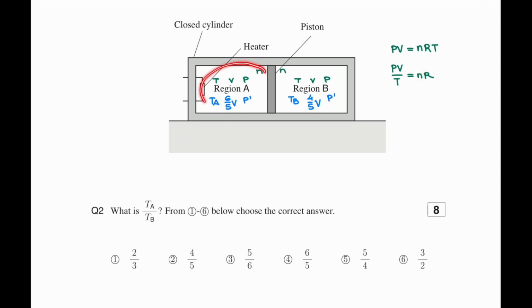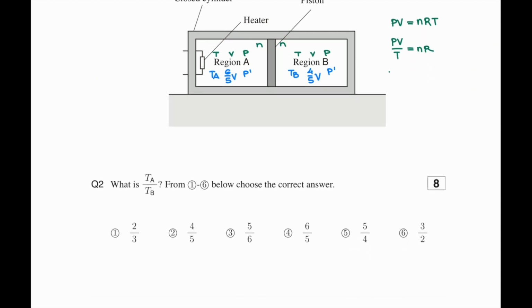For both region A and region B, nR must be constant because the n are equal, and the gas constant, of course, has the same value for both region A and region B. So nR in region A must equal nR in region B. That means PA VA over TA must equal PB VB over TB.